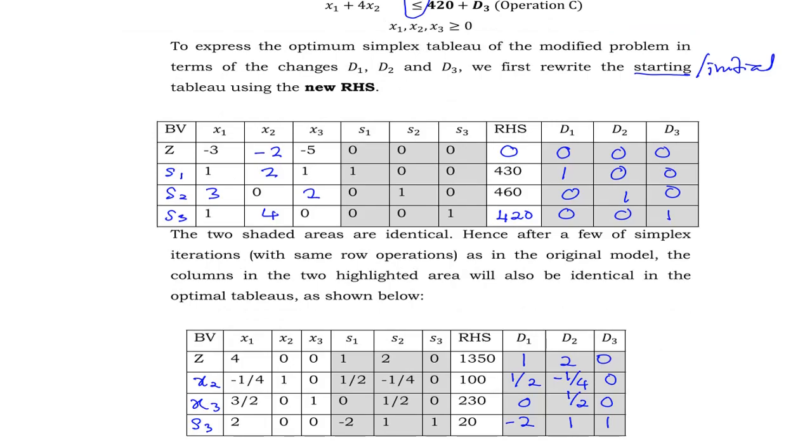For the first constraint, X2 equals 100 plus 1/2 D1 minus 1/4 D2. Row 2, X3 equals 230 plus 1/2 D2, and S3 equals 20 minus 2 D1 plus D2 plus D3.